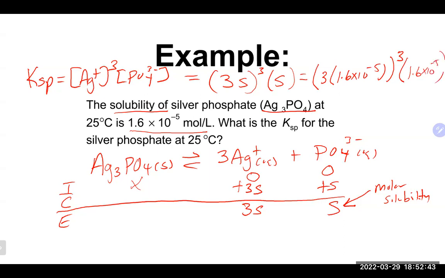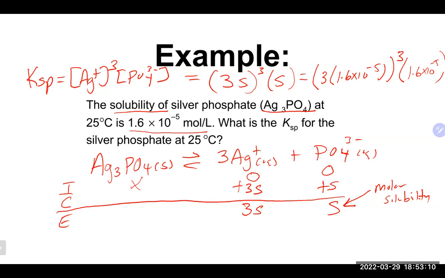And if we did all that on the calculator, 1.6 exponent negative 5, times 3, then we're going to cube it. And then we're going to times it by 1.6 exponent minus 5.